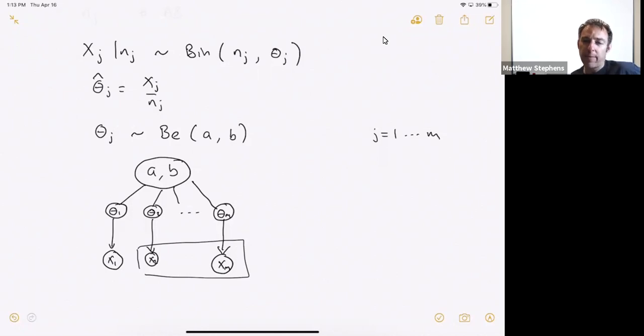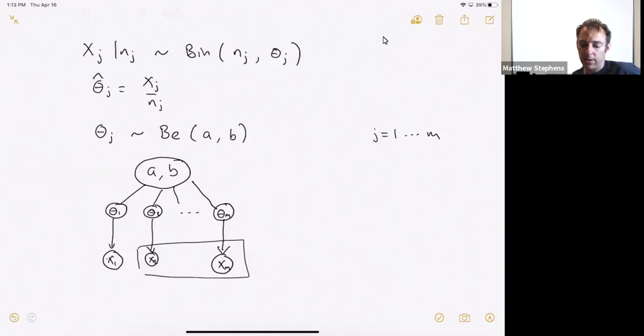And so we could do that by a leave one out type idea, where when we're looking at theta 2, we use x1, x3 up to xm to estimate A and B, and then use that as a prior for theta 2, and we could do it one at a time in a leave one out kind of way. But it's a lot more convenient to simply do it in 2 steps.